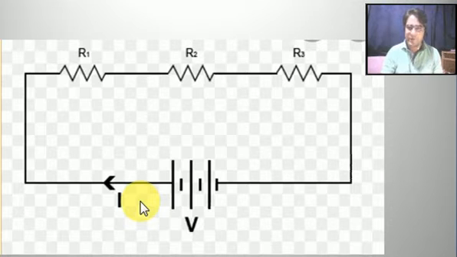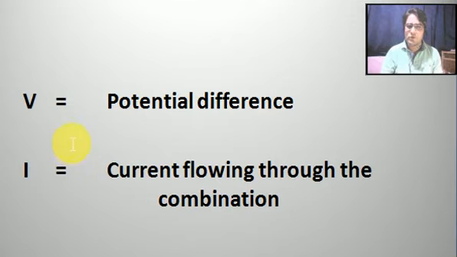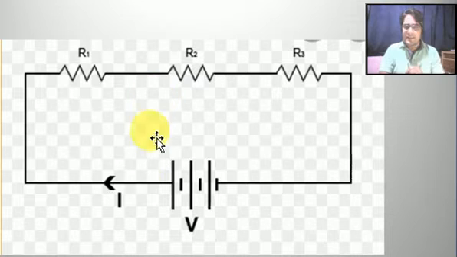Now what you have to remember? You can note down in your notebook that the potential difference of this circuit is V, and the total current flowing through the combination, or we can say total current flowing through the circuit, is I. Now what will happen in the circuit?